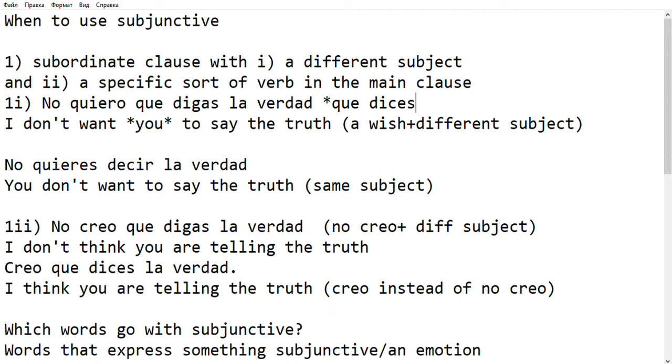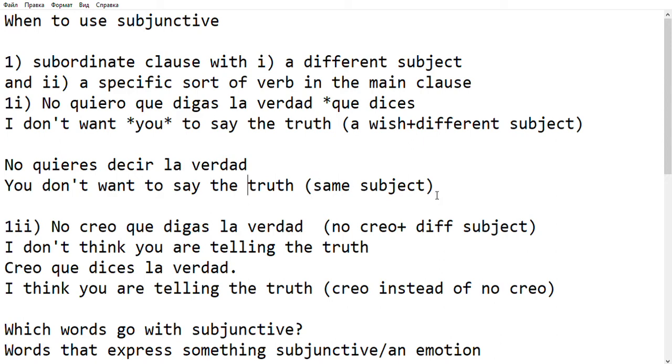Why? Because I have, again, my two conditions to use the subjunctive. The quality of the verb, which we will look at in a second, and different subjects. But if I have the second phrase, you don't want to say the truth, here, when I have the same subject, that's very important, I will use the infinitive.